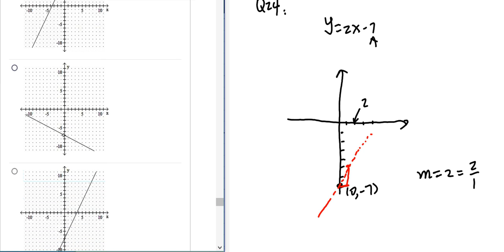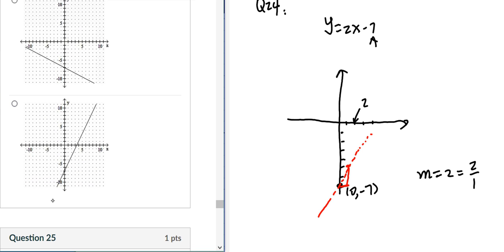This one sounds correct, negative 7, but the line should be going this way, not going down. From the left to the right, y goes up from the bottom to the top. That would be this one. I'll stop right here and see you next time.